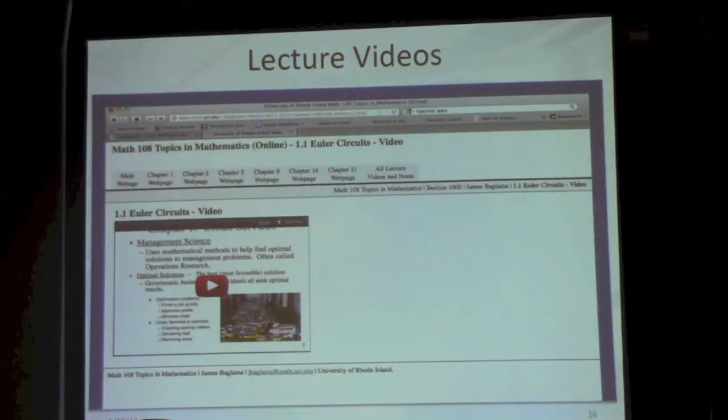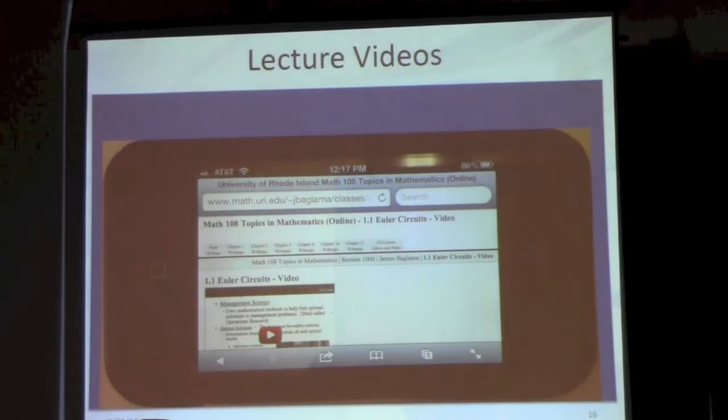So all those have been changed to YouTube videos, and all the YouTube videos are only about 10 minutes long. So they're modular in a sense. You click on the video, and it's just about that concept. Students can see the concept. They can also have the notes and go through the notes. And this is exactly what you can see on your phone.